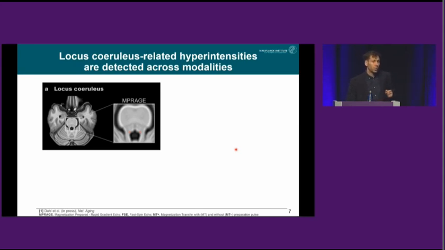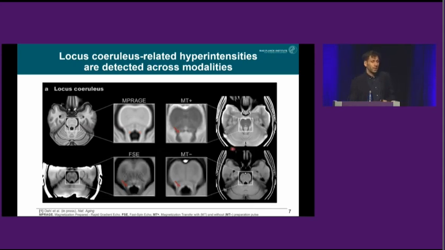In this study, we added 3 such sequences, which are sensitive for the locus coeruleus. So here we have a T1 weighted fast spin echo sequence, and we can spot a clear hyperintensity, and we see a similar hyperintensity also in a magnetization transfer scan and in a proton density weighted scan. And again, we can take this hyperintensity as a non-invasive proxy for the cell density or integrity in these regions.